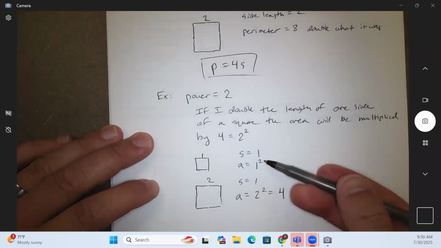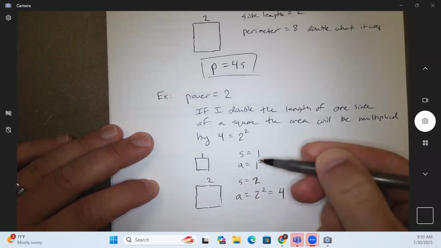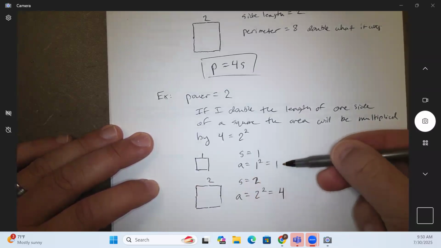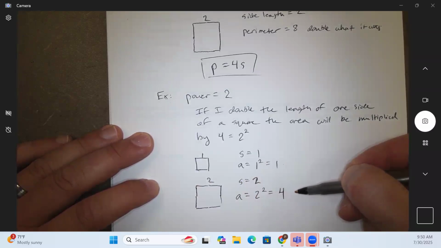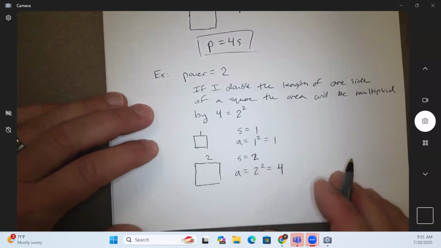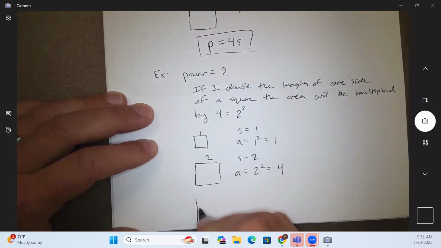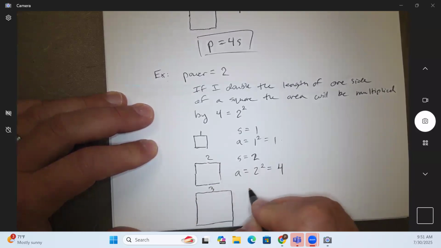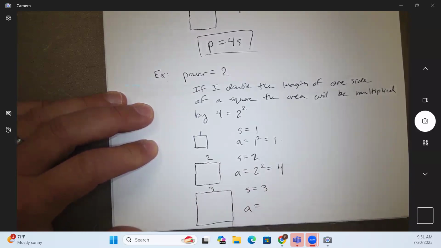Side length 2, sorry. I doubled the side length, but I didn't double the area. I multiplied it by 4. But that does not mean area is equal to 4s. Because if I triple, where the side length is 3, what's the area going to be? 3 times 3.